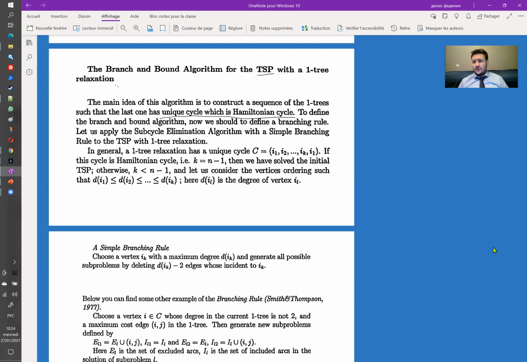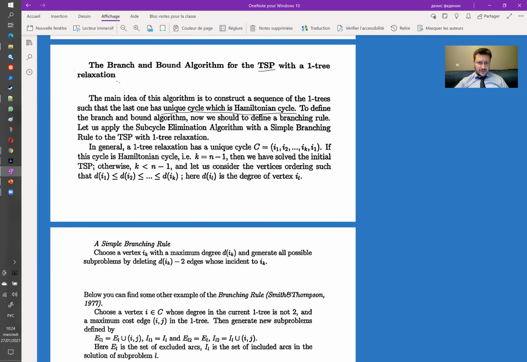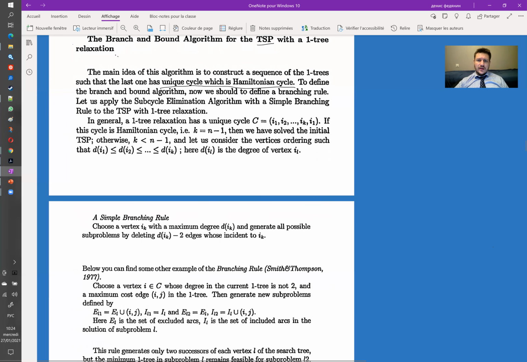So we don't have nodes that are not visited. And we can apply the algorithm that we have discussed. Well, we have not discussed the subcycle elimination algorithm in all details, but here we can just take it as given.